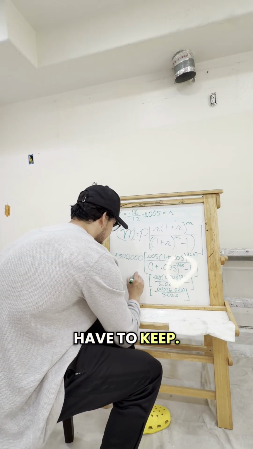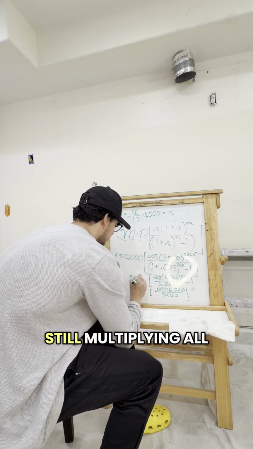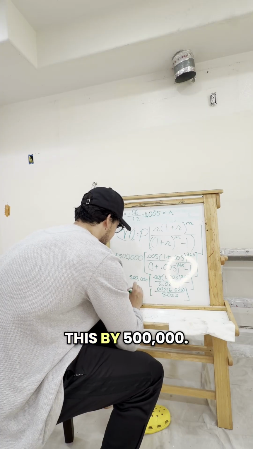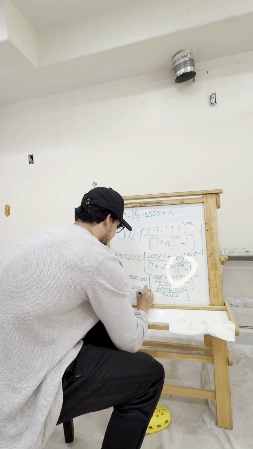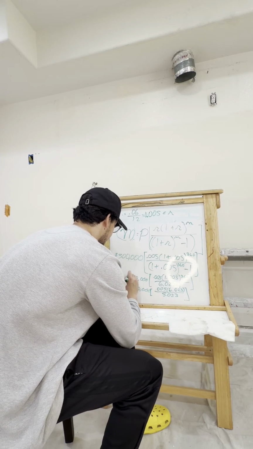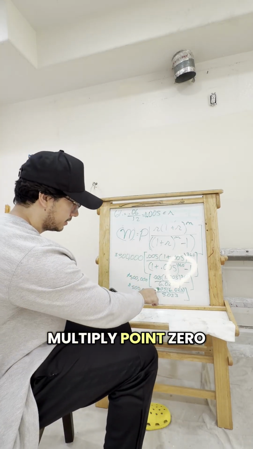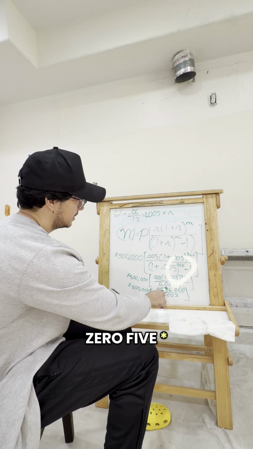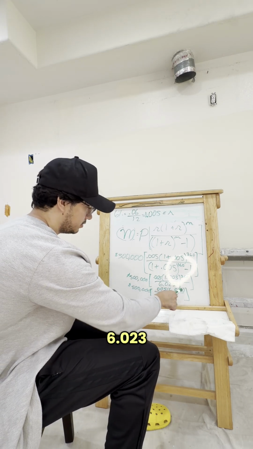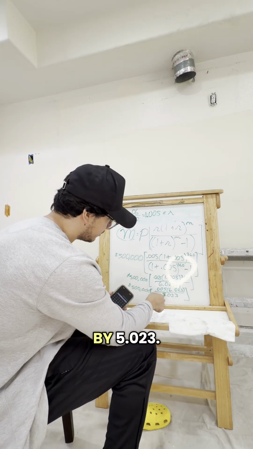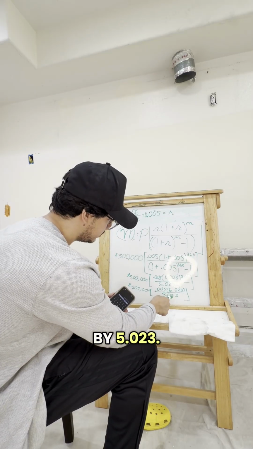And lastly, another thing is that we have to remember that we're still multiplying all of this by 500,000. So you're going to multiply 0.005 times 6.023 and divide that by 5.023.